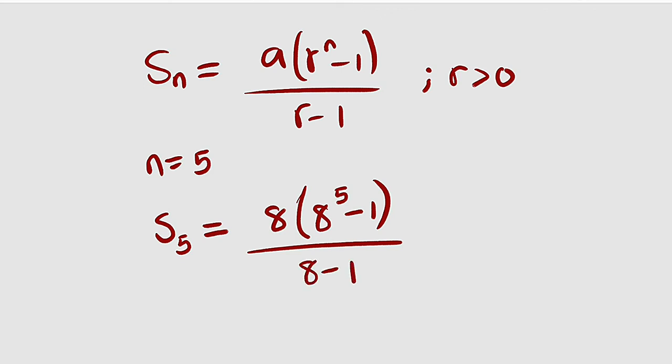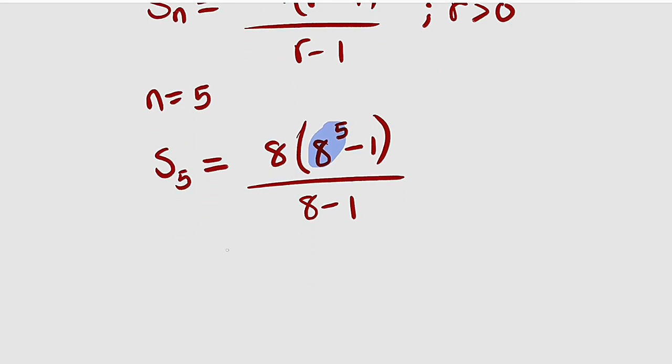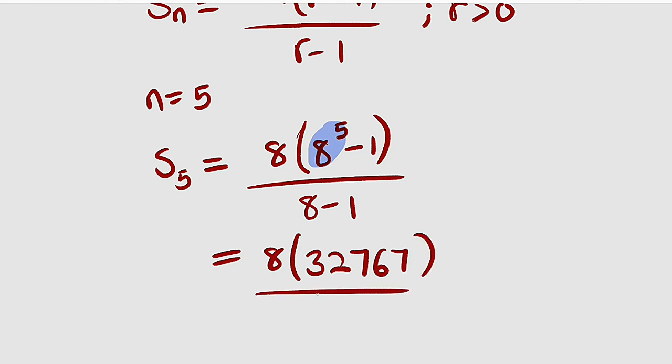Let's simplify the parentheses first. We have 8 to the power of 5, which is equal to 32,768. If you subtract 1, you're going to obtain 32,767. So we have 8 multiplied by 32,767. We divide this by 8 minus 1, which is equal to 7.